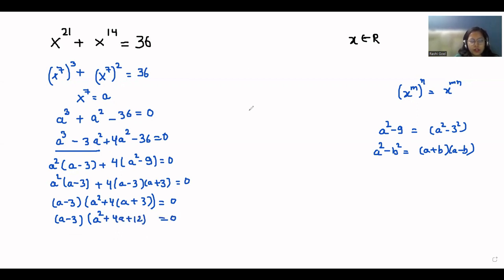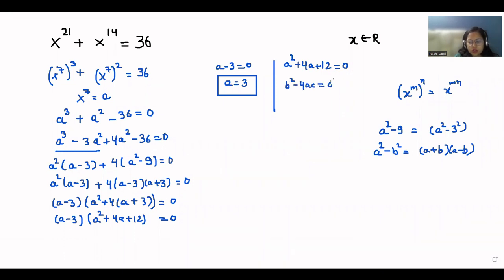Now we have two roots. Either a - 3 = 0 or a^2 + 4a + 12 = 0. From the first, the value of a is 3. And from the second, we can use the discriminant formula b^2 - 4ac.